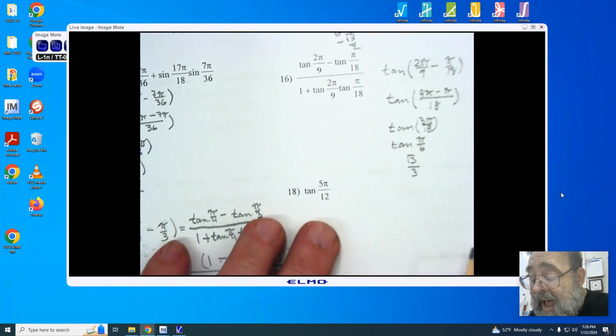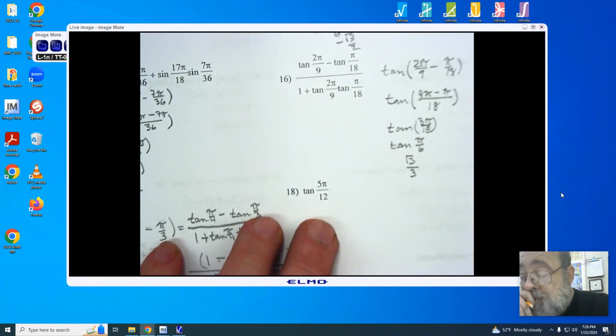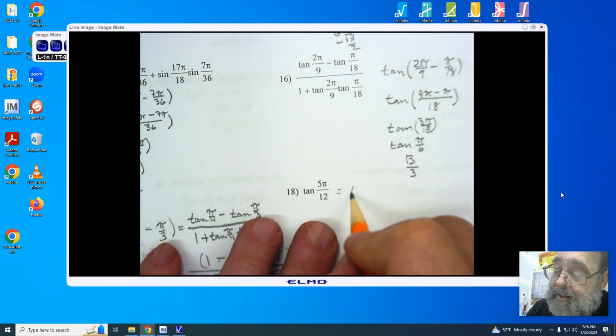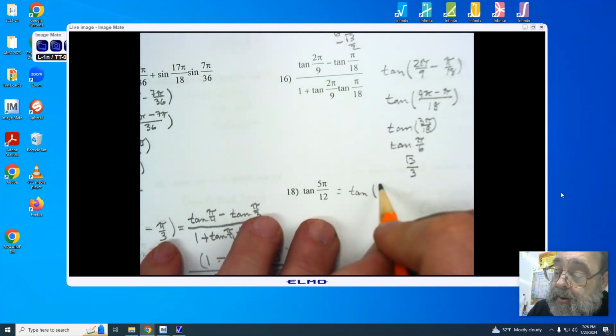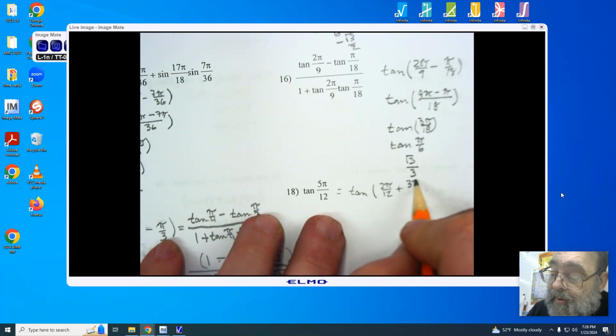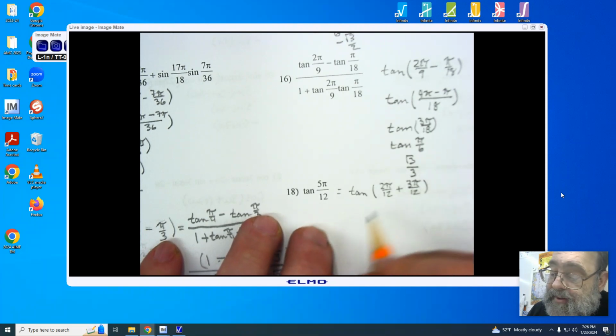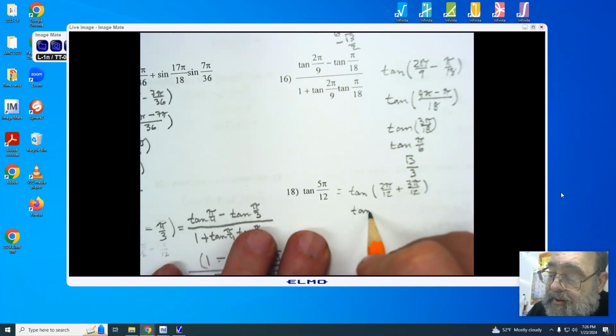Now we're trying to add two numbers. 2 and 3 are factors of 12, and 2 plus 3 add up to 5. There you go. Tangent of 2 pi over 12 plus 3 pi over 12. I'm going to simplify this so that I have the tangent of pi over 6 plus pi over 4.